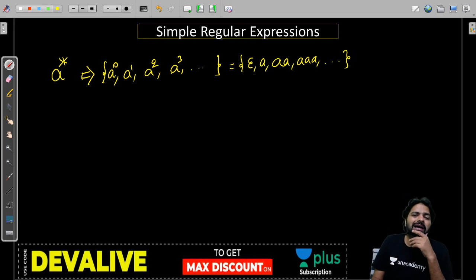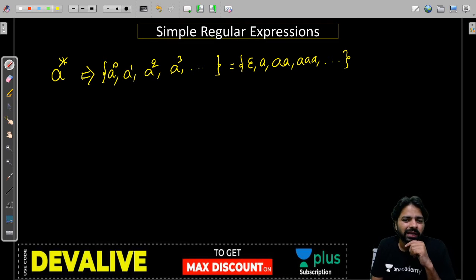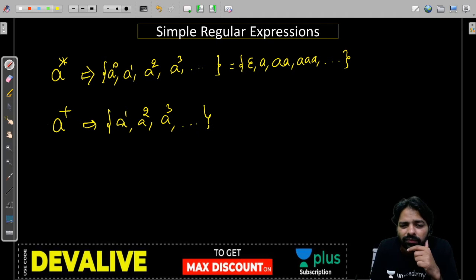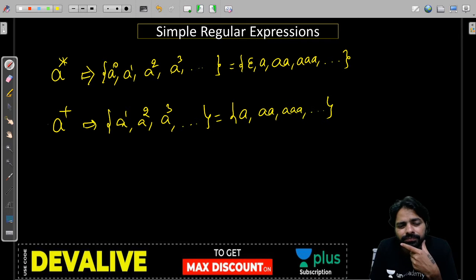So that is a star equivalent language. A star is expression, but equivalent language is shown in the set. If I write a plus, a power 0 cannot come. A power 1, a power 2, a power 3 and so on, which is equal to a comma double a comma triple a and so on.